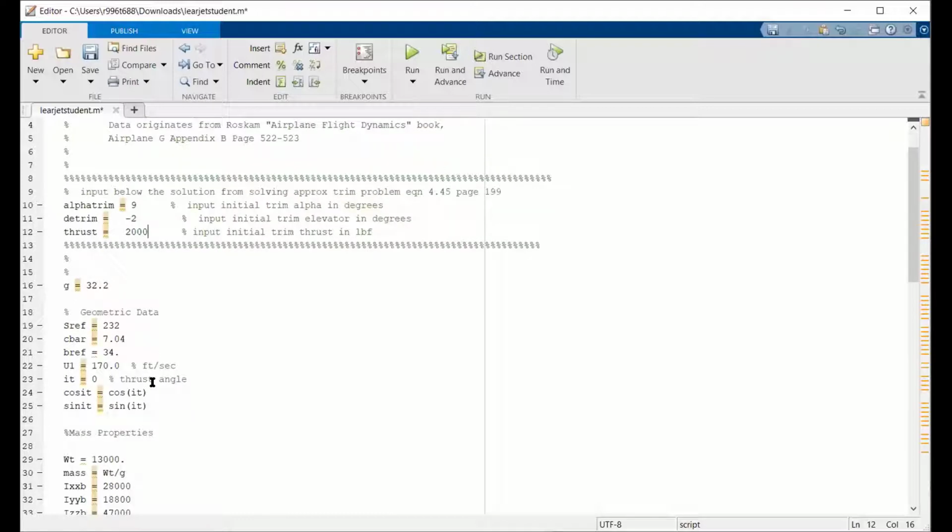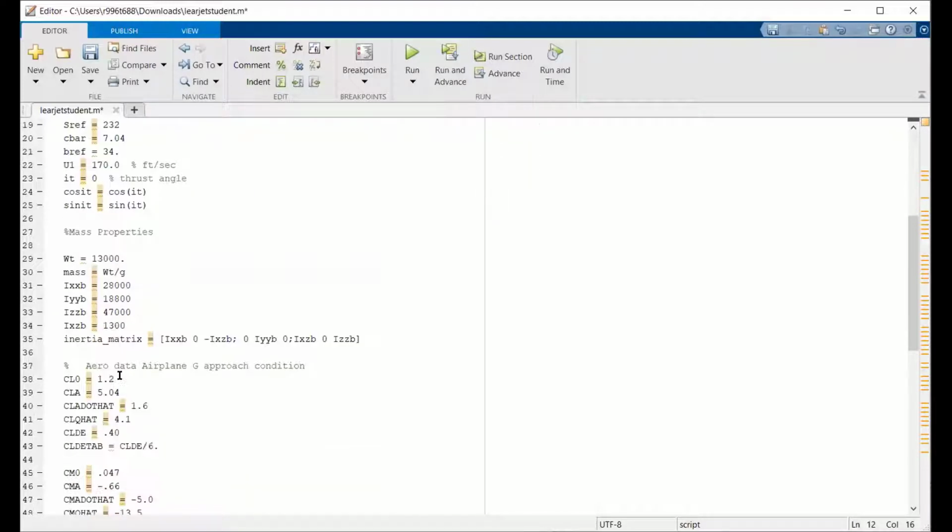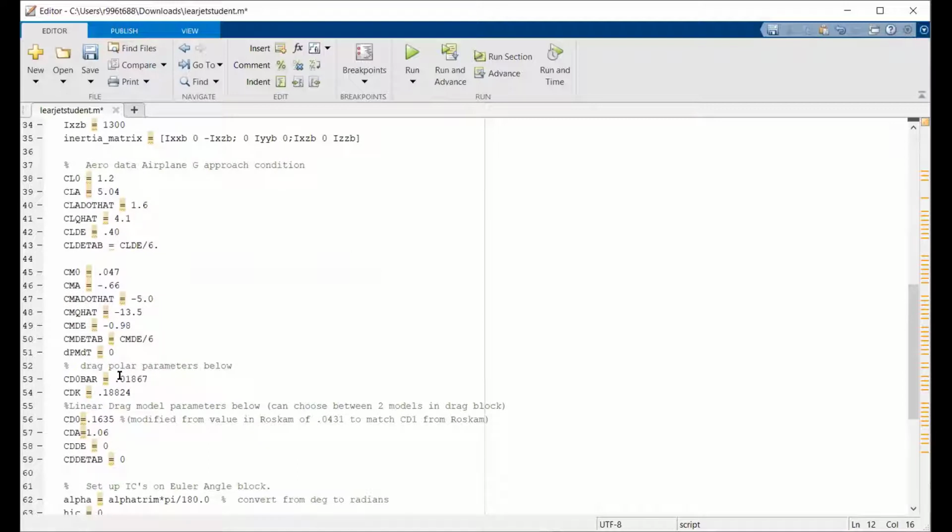And then the code sets up a bunch of parameters for the simulation. It says, okay, here is the airspeed we're flying at. There's the geometry of the aircraft. Here's the weight. Here's the inertias. Sets up all the aero data parameters.